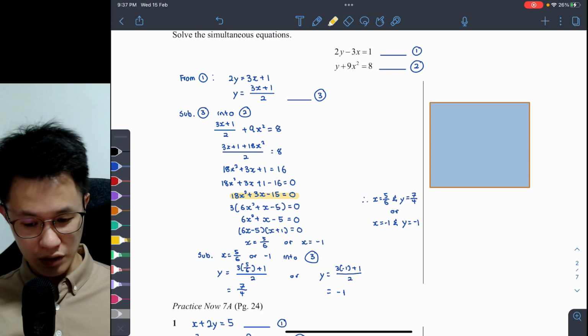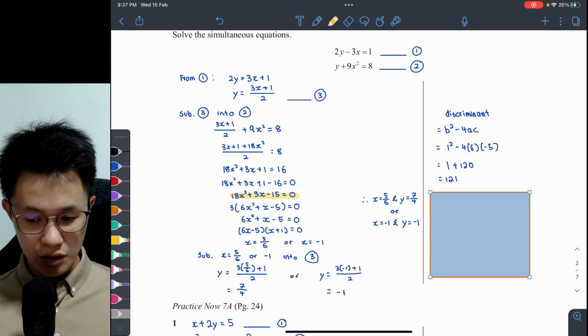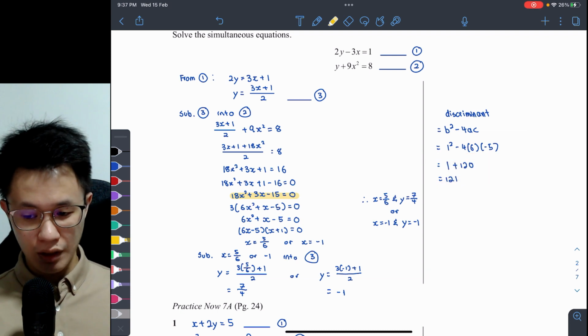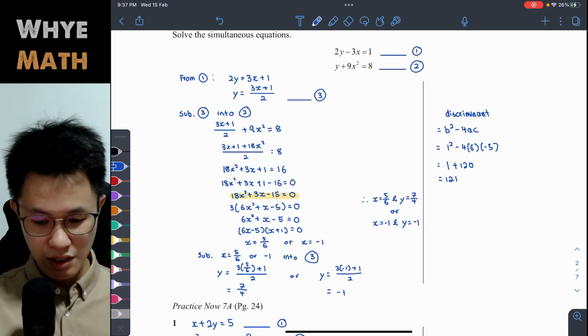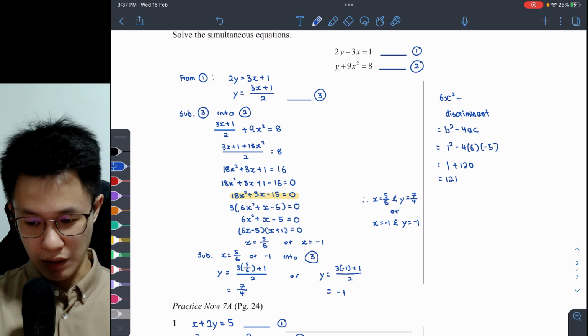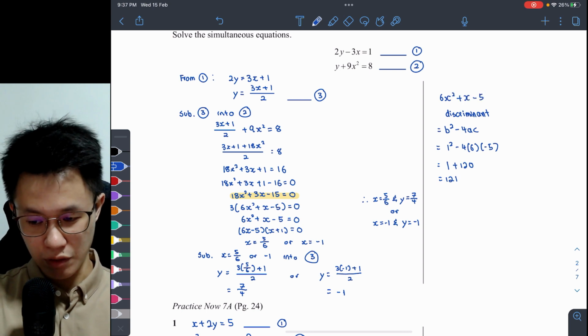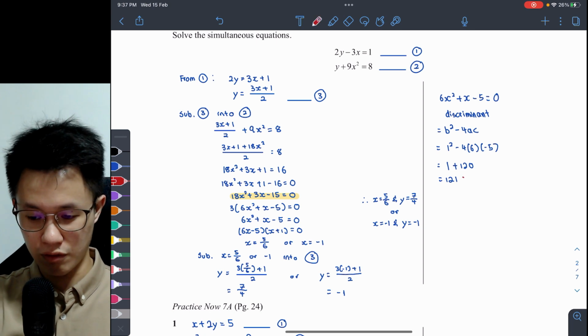Now if I use b squared minus 4ac for this equation, which I have reduced to 6x squared plus x minus 5 equals 0, its discriminant is actually positive.